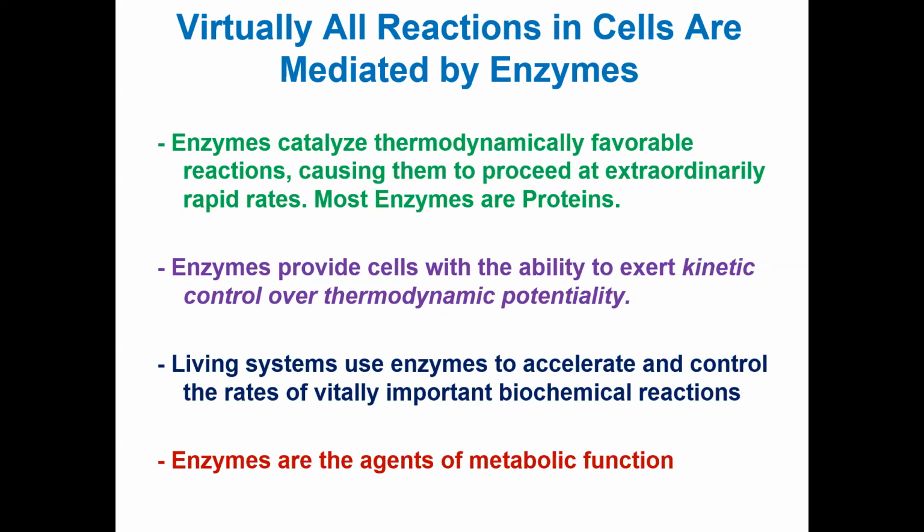So kinetic control is what enzymes provide over the reactions that are thermodynamically favorable. Some enzymes can get post-translationally modified, and therefore they can have several tiers of activities. We'll talk about that as we go through the metabolism class. You will see some fascinating examples of that.